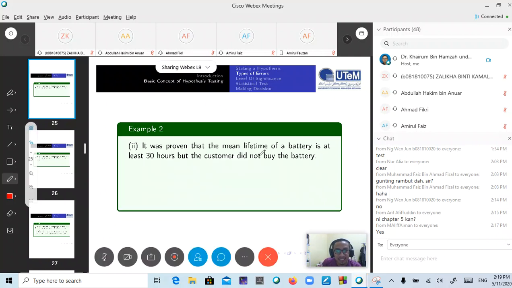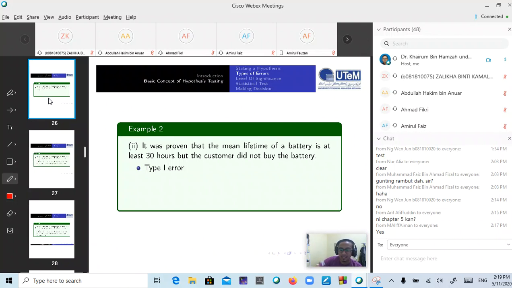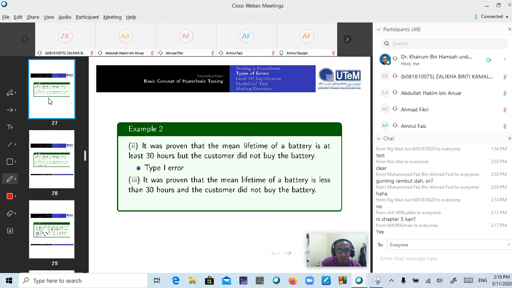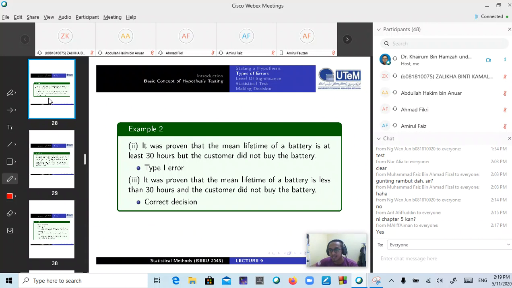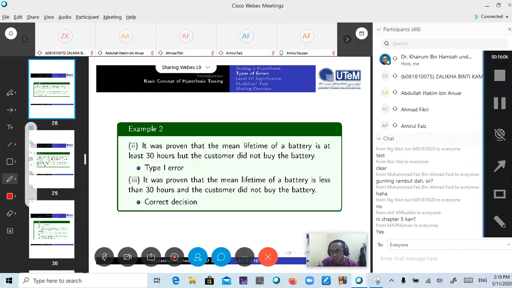It was proven that the mean lifetime of a battery is at least 30 hours, but the customer did not buy the battery. So this one is the type 1 error. And then the last one, it was proven that the mean lifetime of a battery is less than 30 hours. The customer did not buy the battery. So this one is the correct decision.